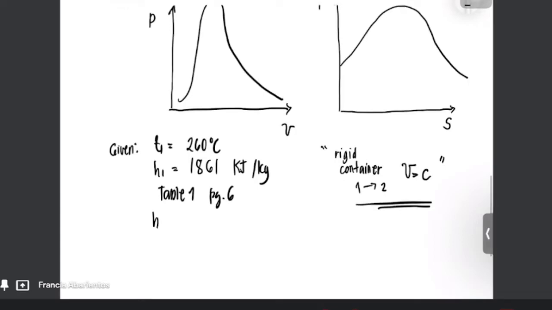Yung Hg natin is mas malaki, 279.9 kilojoule per kilogram. We have also the Hf, 134.37 kilojoule per kilogram.